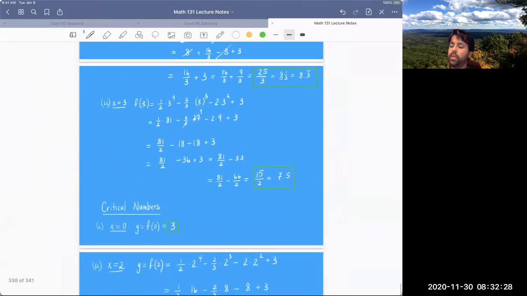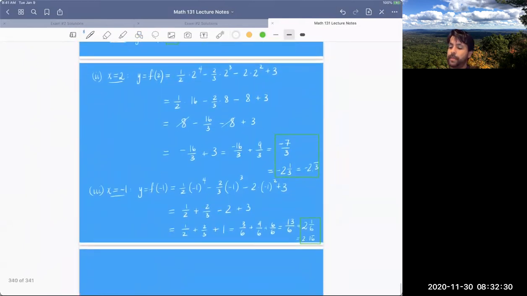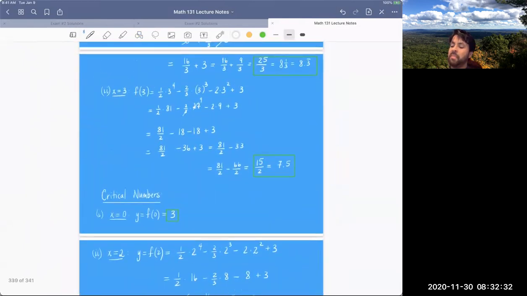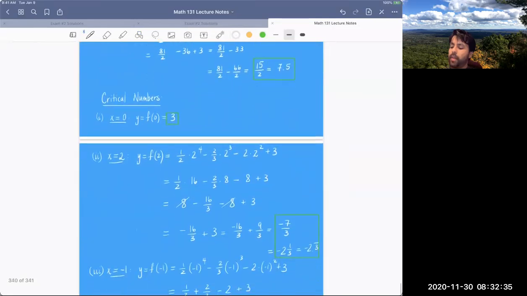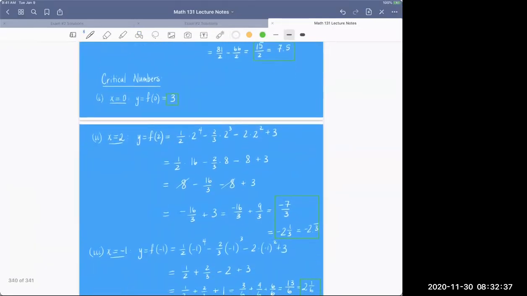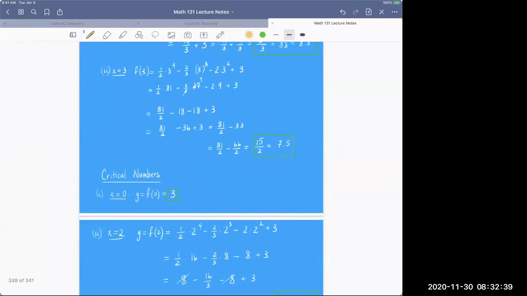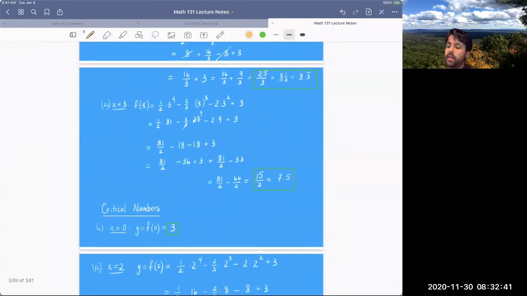So looking at the y values, what is the largest out of all of these? 8.3. 8.3 repeating. Right. So we say this is my absolute max.